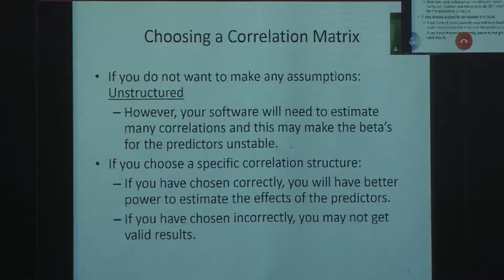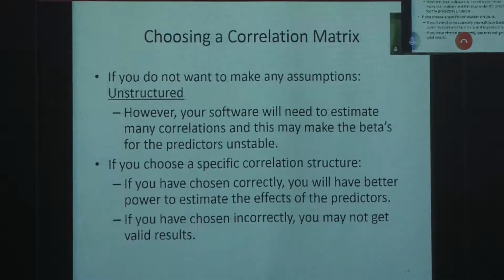It means your p-values will be larger. If you're willing to make an assumption about a specific correlation structure, and you choose correctly, then the program has to estimate fewer correlations, and you'll have better power left over for your betas. Of course, if you choose incorrectly, you won't get valid results.